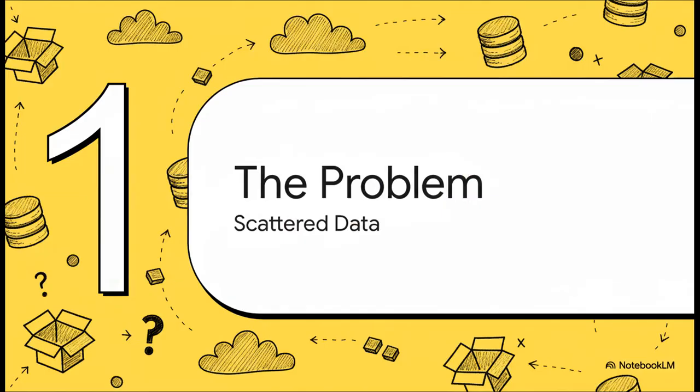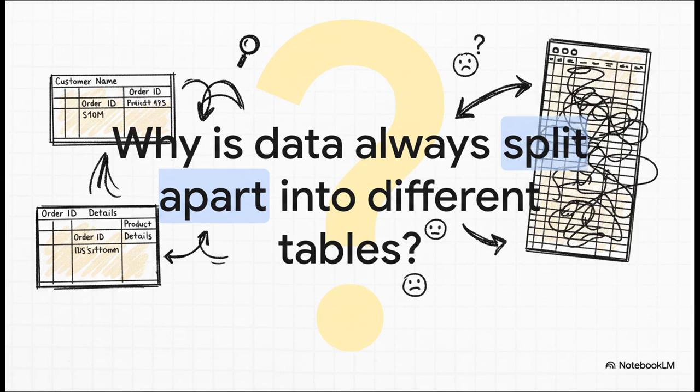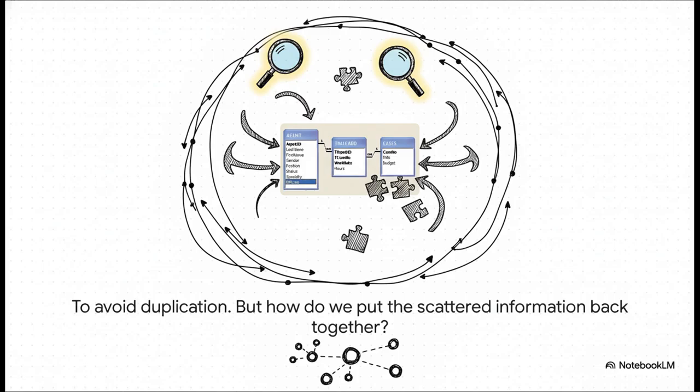All right, so first up, let's talk about the core problem that every single data analyst runs into: scattered data. I mean, if you've ever looked at a database, you've probably asked yourself this exact question, right? Why isn't everything we need just sitting in one giant, easy-to-read spreadsheet? Well, the simple answer is to avoid a total mess of duplicated information.